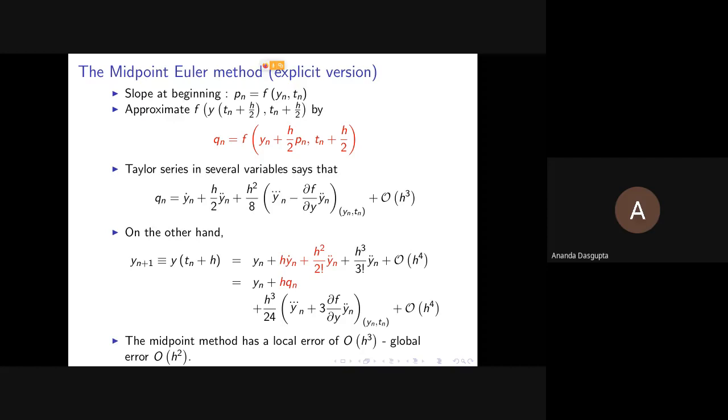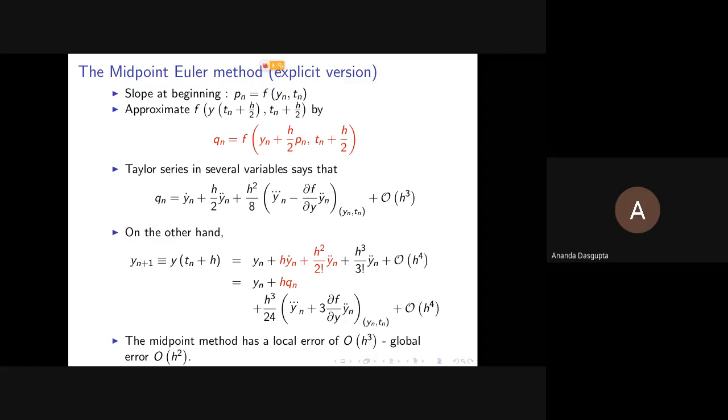Remember, the order h cube error is for every step you make, right? The number of steps you take will be equal to (t1 minus t0) by h, right? If h is the time step, the number of steps has to be proportional to 1 by h, which means that the total error that you accrue from one end to the other, that's the global error, has to multiply the local error, what you get in every step, by the number of steps.